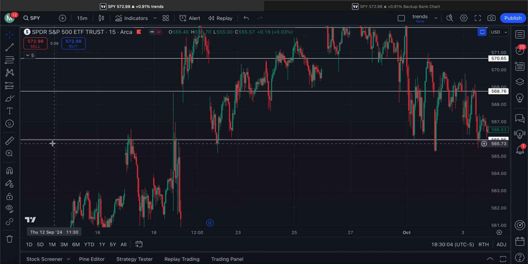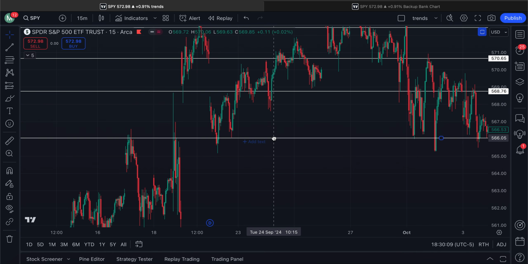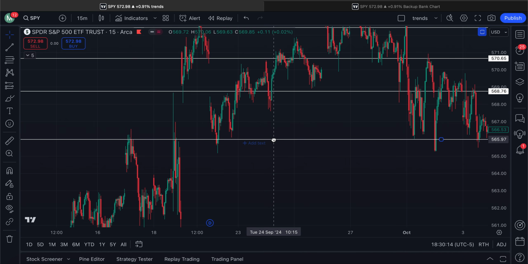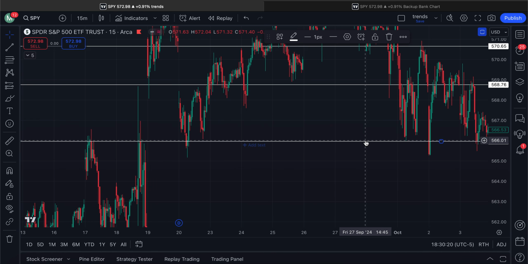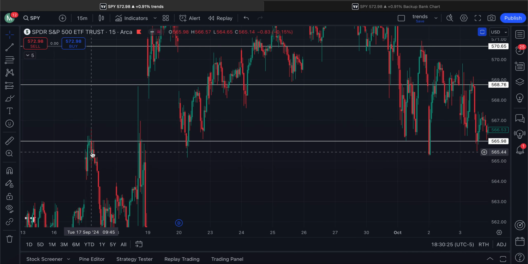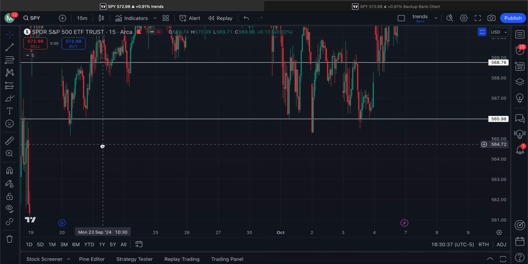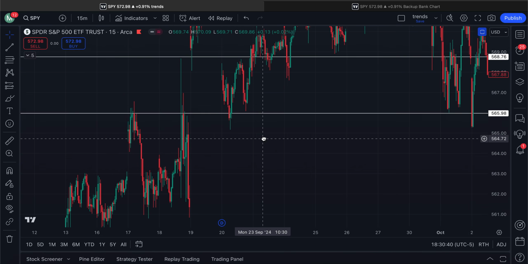I don't have too much more price action on this side to confirm it, but I'm probably going to push it up to 98. And then below 565.98.